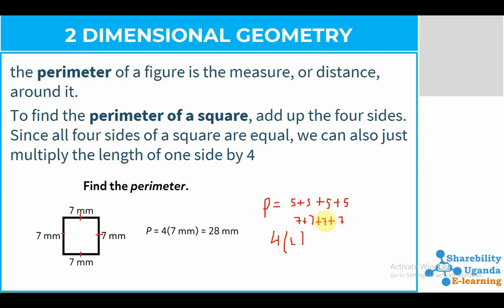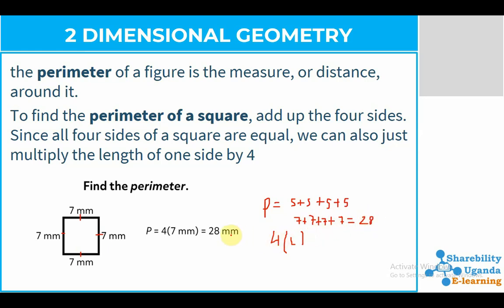When we add all this, we should come up with our answer. What is 7 times 4? 7 plus 7 is 14. 14 plus 7 is 21. 21 plus 7 is 28. So our answer is going to be 28.